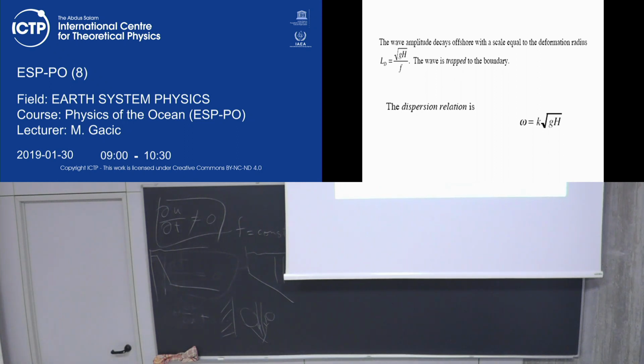They always stay at the boundary, and in the northern hemisphere they travel with the boundary on their right. This is the dispersion relationship, which shows simply that for constant H, the frequency is a linear function. So these are the characteristics of the Kelvin waves.